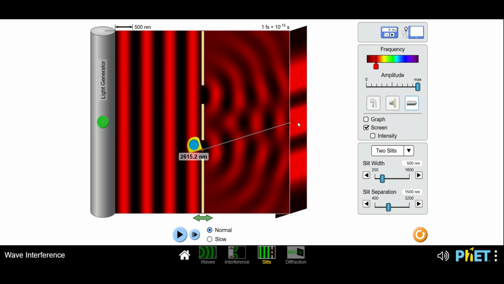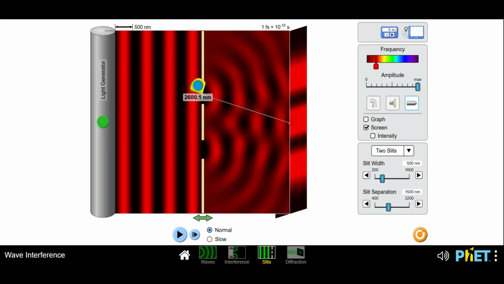And remember, of course, that this is an approximate answer only. So if I take that number and I calculate how many wavelengths that is by dividing by the number that we got previously, it tells me that it's 4 wavelengths. If I look at the distance from the other slit, this should be 4 wavelengths as well.